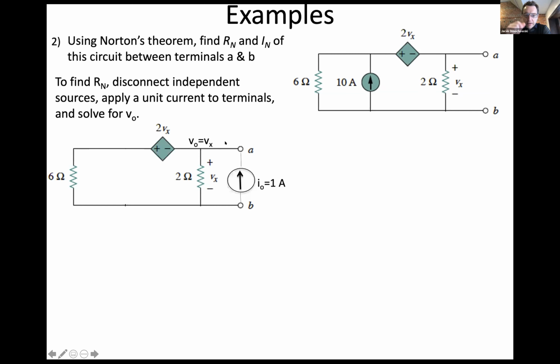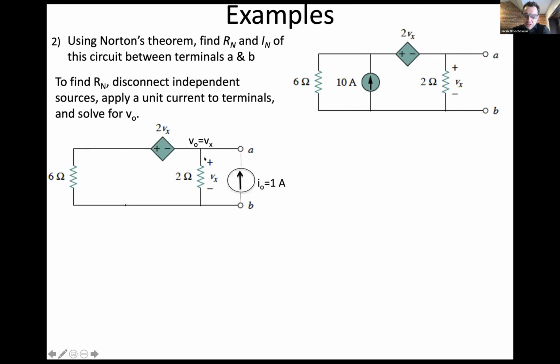Both ways give you the RN. But what Omar said was that it would have been easier to put in a test voltage because then Vx would have been equal to that test voltage, and we would have immediately known the value of Vx.